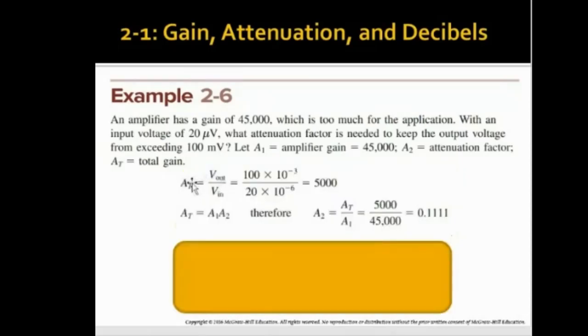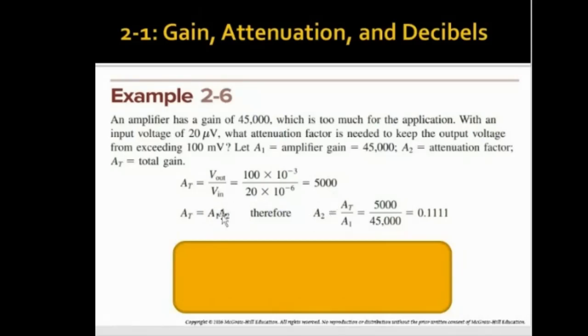So first, we find the total gain of the system. We have output voltage divided by input voltage, 100 millivolts divided by 20 microvolts, which gives 5,000 gain. Since our total gain is 5,000 and our amplifier gives us 45,000, we can find the attenuation.